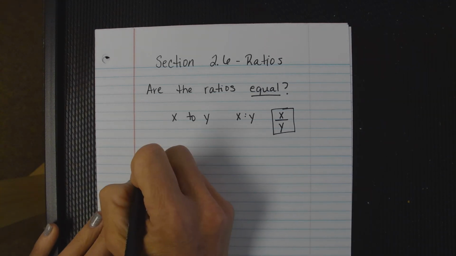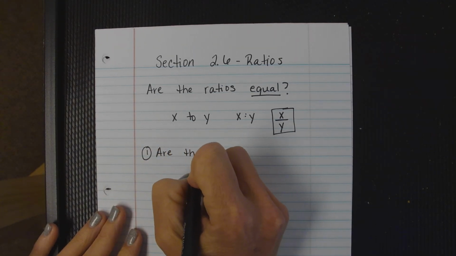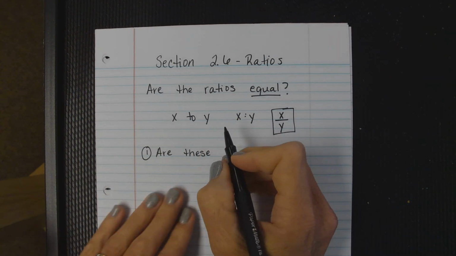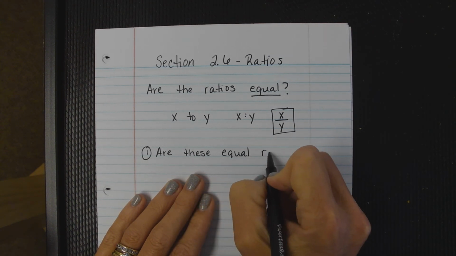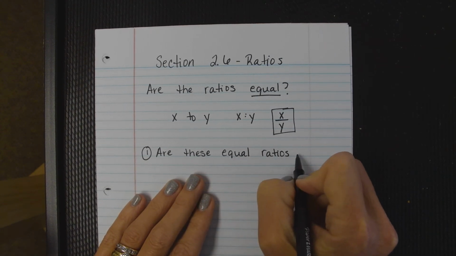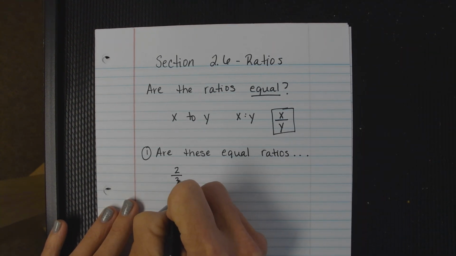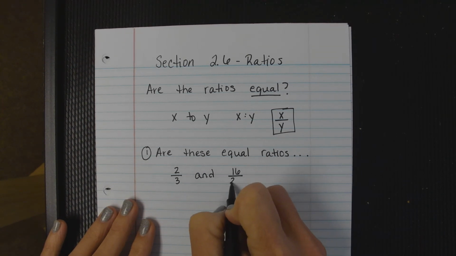The first example will be, are these equal ratios? All right, so we're looking at 2/3 and 16 over 24.